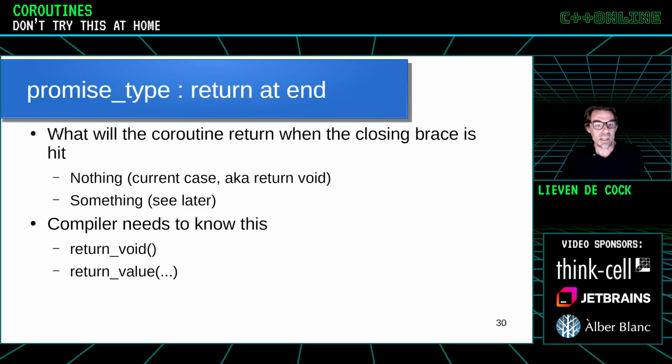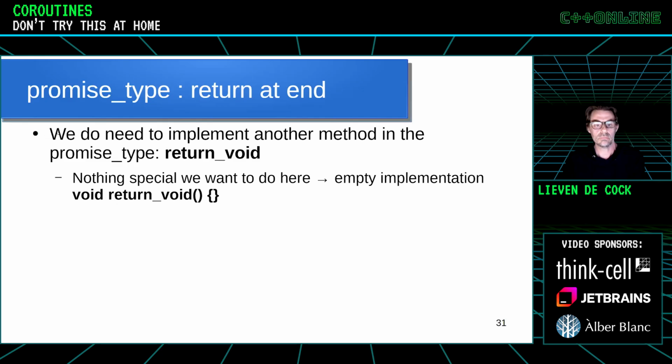Our radio station is at the end not returning anything, so we need to implement return_void. Well, what could we do when we don't want to return anything? Well, nothing. So the empty function is sufficient.